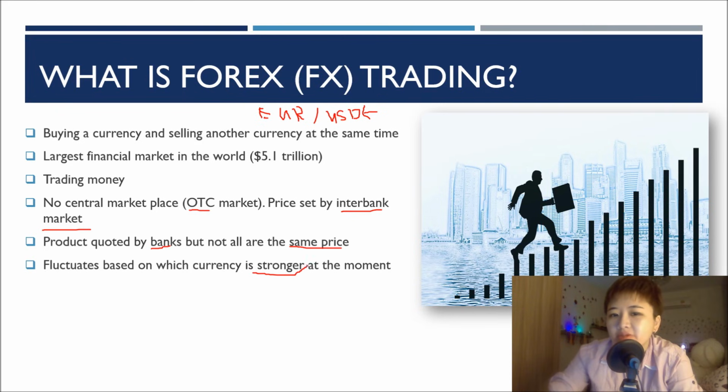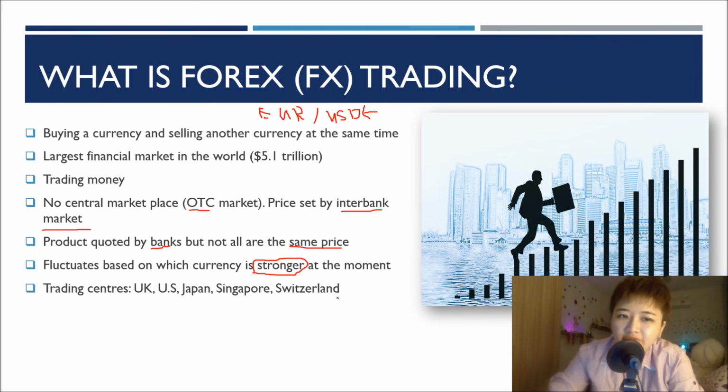So this is very important because this concept will allow you to determine which currency pair to buy and which to sell. There are also various trading centers, the more active ones being UK, US, alright, and also Japan, Singapore, Switzerland.